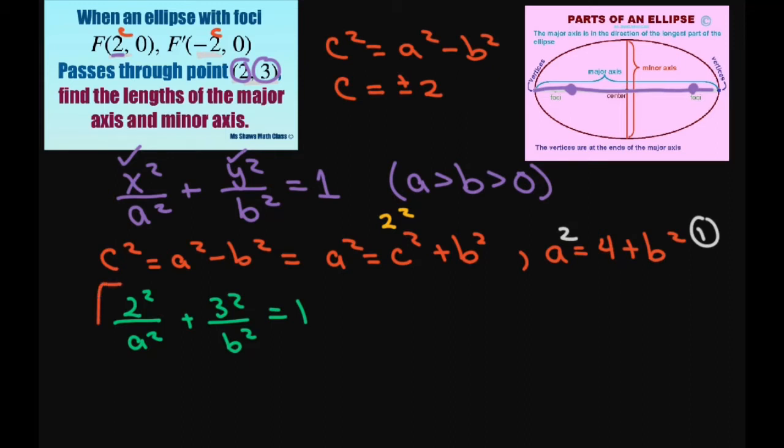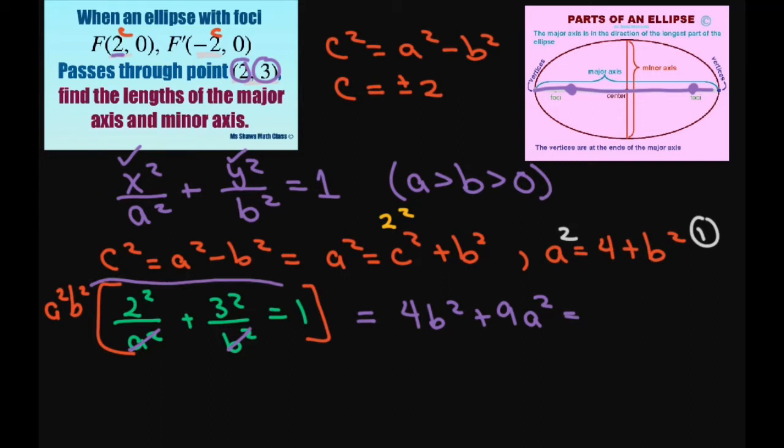So if I multiply through everything by a squared times b squared, this will cancel out. You'll have 4b squared. And for this one, the b squared will cancel out and give you 9 times a squared. And then you get this equals a squared times b squared.